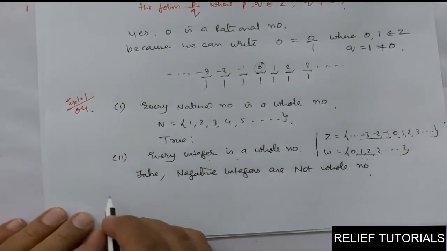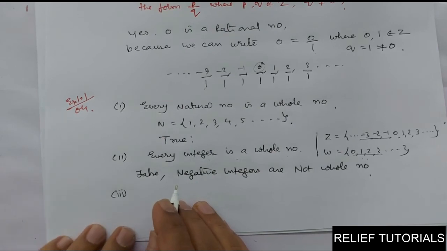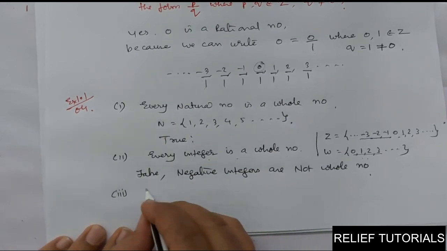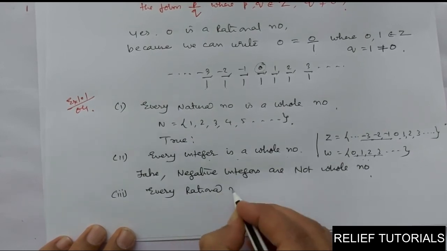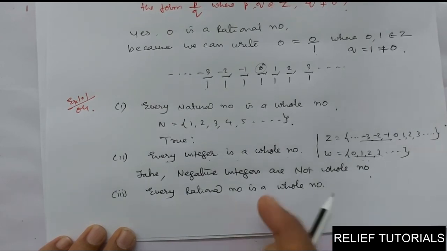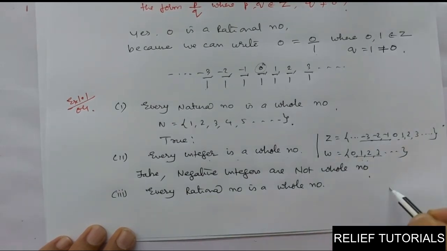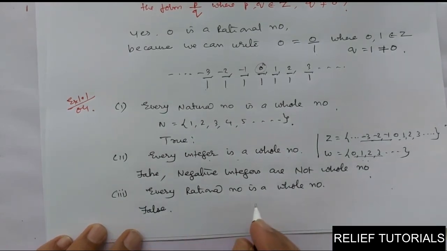So now the third one. What is given in the third one? Every rational number is a whole number. Every whole number is a rational number, but is every rational number a whole number? No, this statement is false.